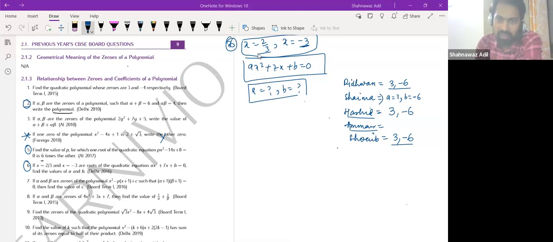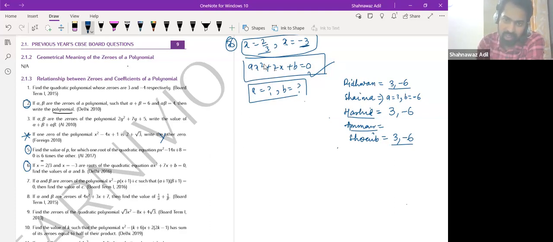We know that these x values are the solutions of this equation, which means that if I put x equals 2 by 3, then I will get 0. So we have to put those two values.